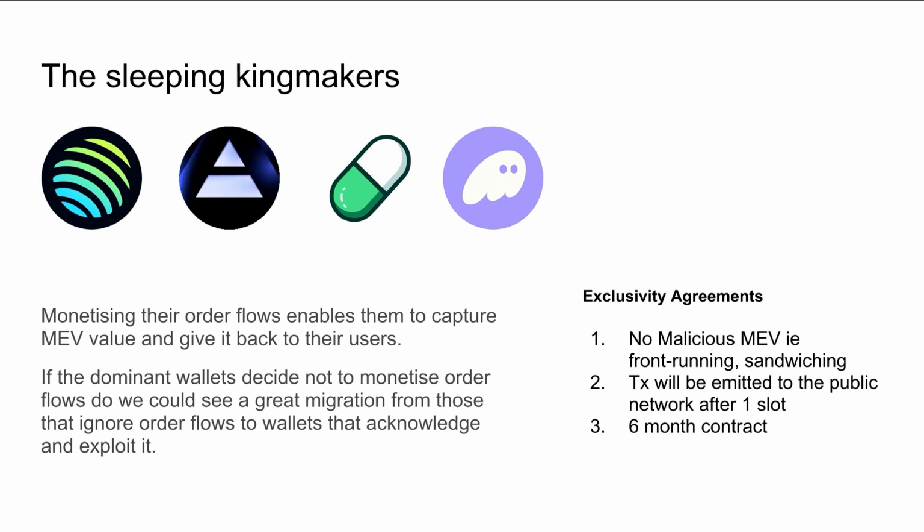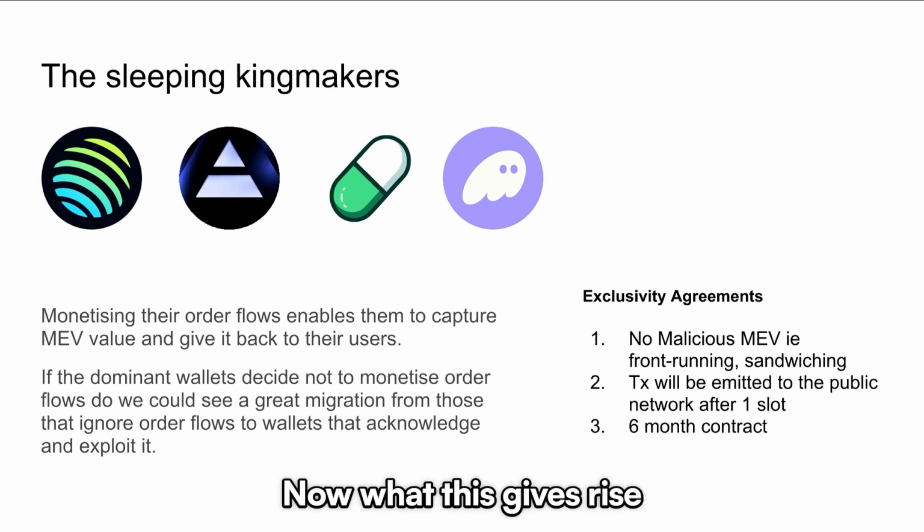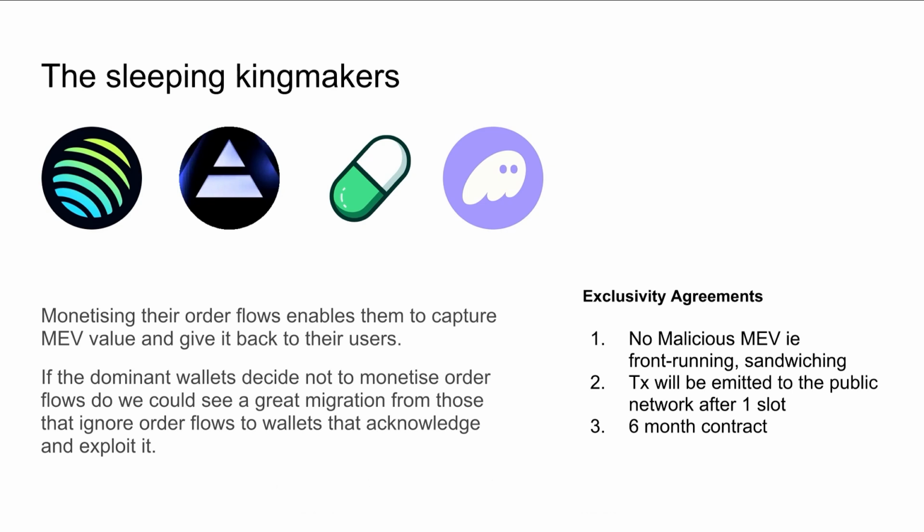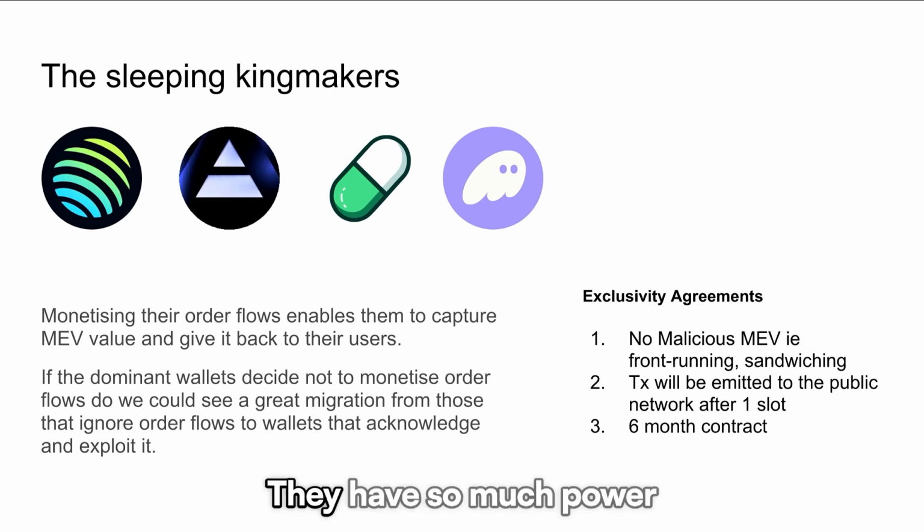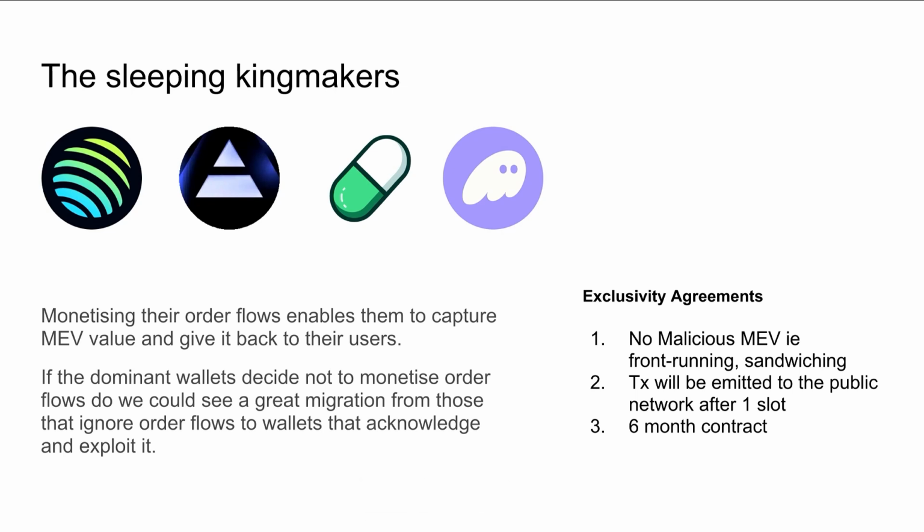Now, what this gives rise to is certain kingmakers on Solana which control the order flow. They have so much power on the network that they can orchestrate these deals where a lot of this routing happens between the application source and the searchers themselves without settling on the network.